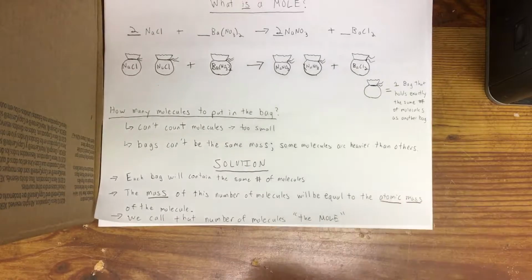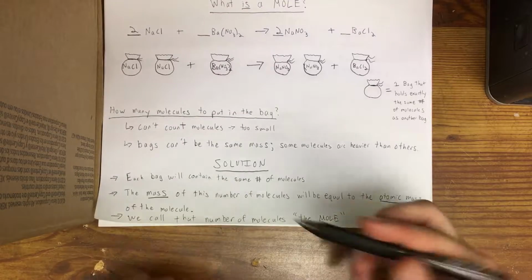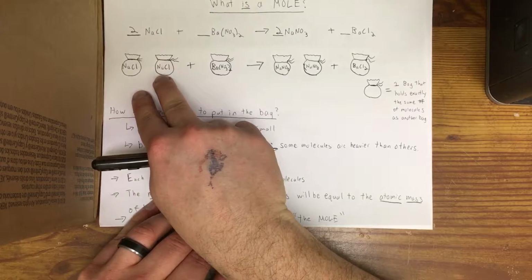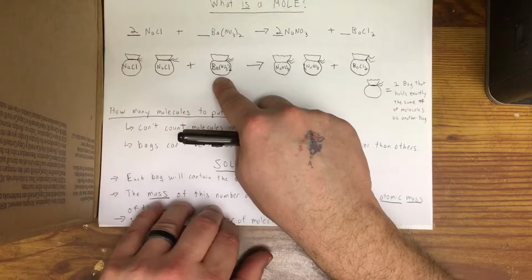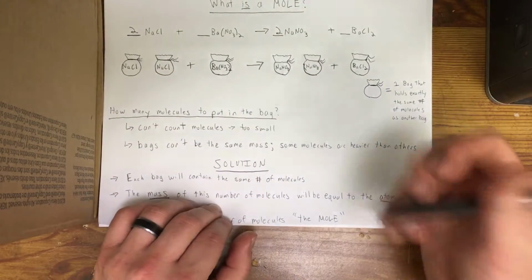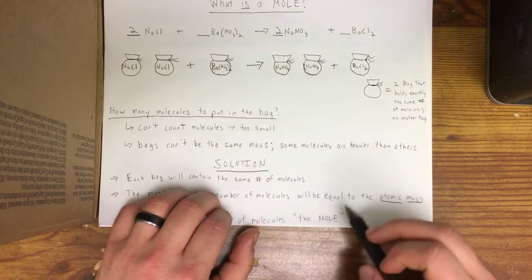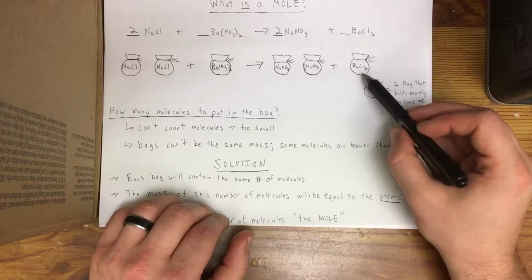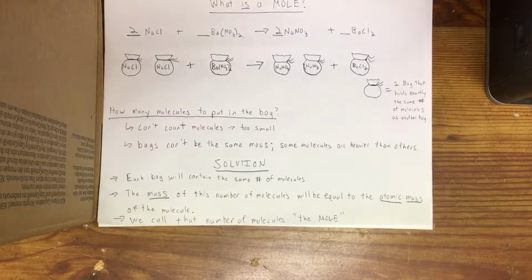And for now, let's assume that it doesn't matter how many molecules are in the bag. So we can represent this pictorially by saying that if we take 2 bags of NaCl that contain the same number of molecules, and we combine them with 1 bag of barium nitrate that contains the same number of molecules as these bags, then what we'll create is 2 bags of sodium nitrate and 1 bag of barium chloride.